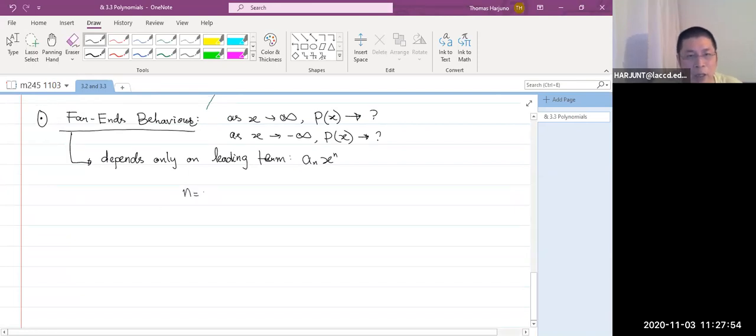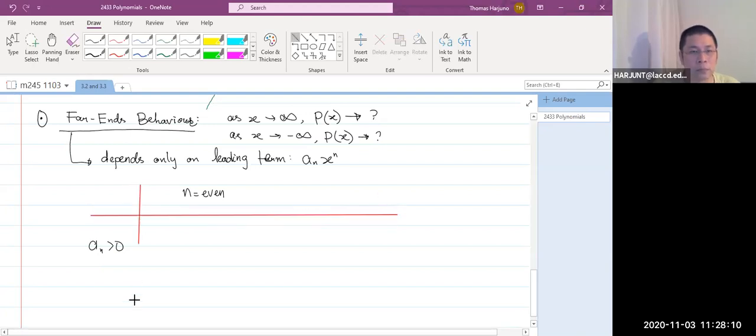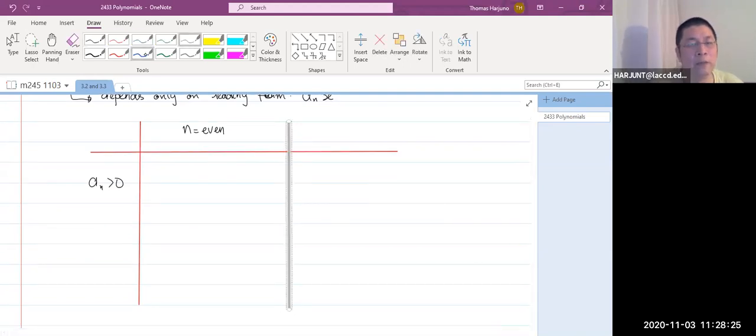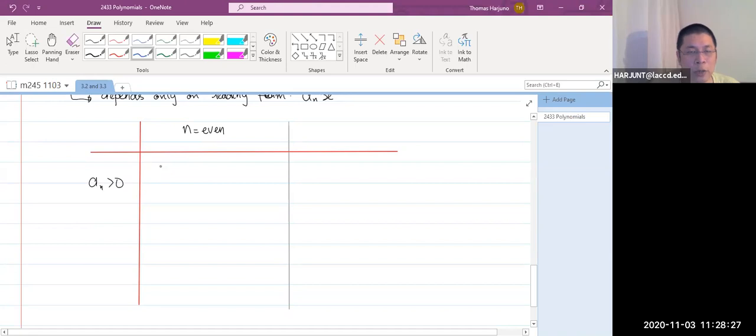If n is even and the leading coefficient is positive, then the graph will behave like x squared. So it will be like this. We don't know what happens in the middle, but then it goes up to infinity.